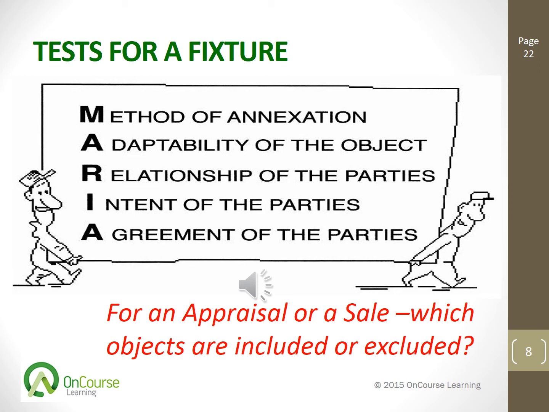So we have the method of annexation. It was just set in the window. The adaptability of the object, well, adapted just fine. It's not uncommon in many areas. The relationship of the parties, well, now you're talking about a sale, so you need to know what's the intent of the parties involved in a transaction with a window air conditioner, and then there has to be an agreement somewhere along the line about whether that window air conditioner goes along with the property when it's sold, or whether the sellers are taking it with them.